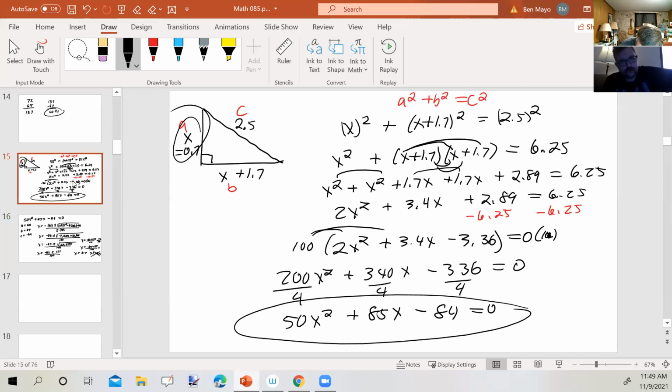This is what, 0.7 plus 1.7 is 2.4. And it just said units. So one leg is 0.7 units. Other leg is 2.4 units.